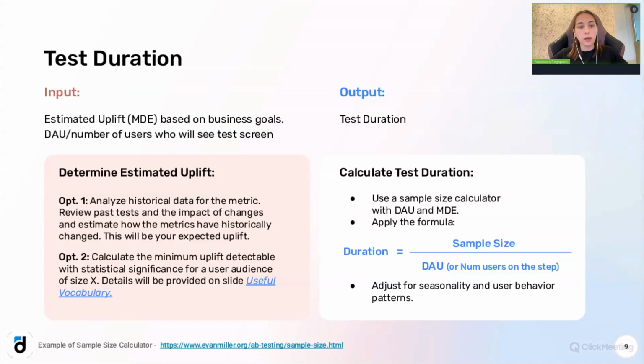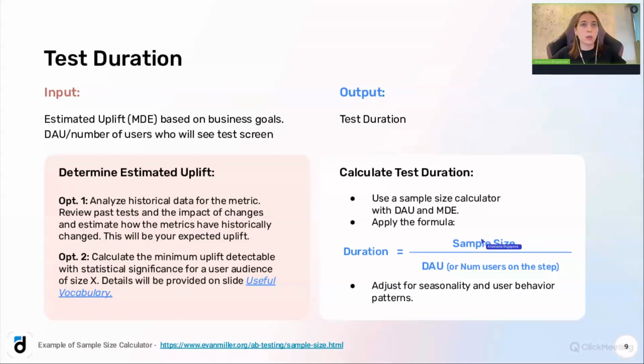For instance, by digging into historical data, you may find some estimated uplift. Digging into historical data, previous experiments, and research, we can pinpoint the minimum detectable effect and calculate the necessary sample size. Also, you may see the test duration formula.